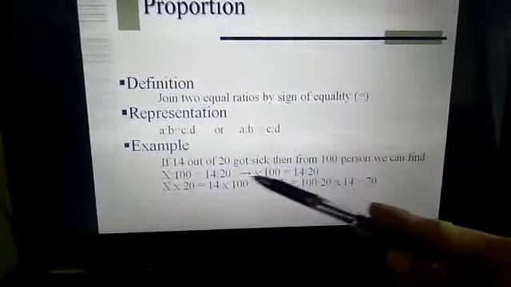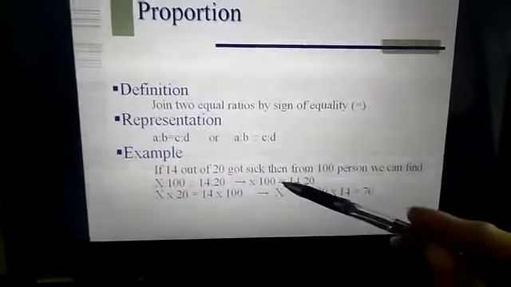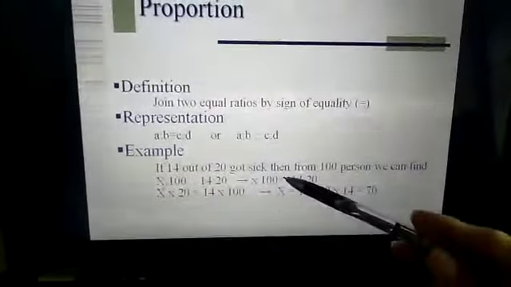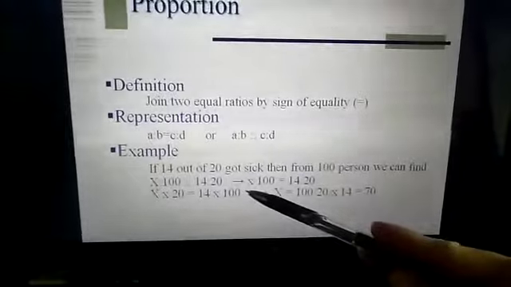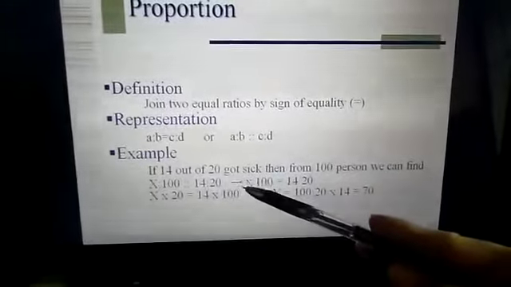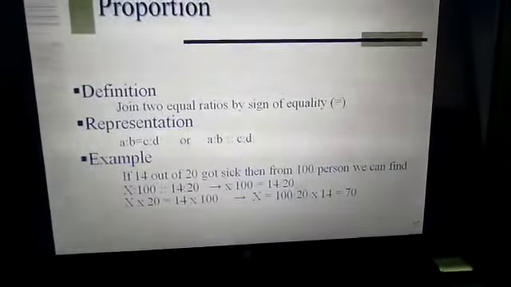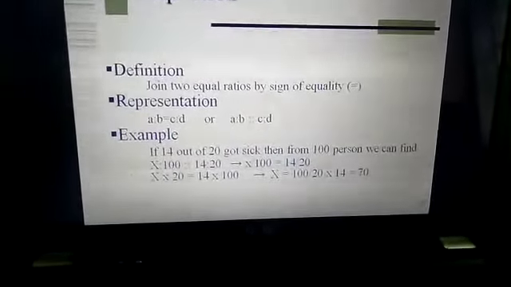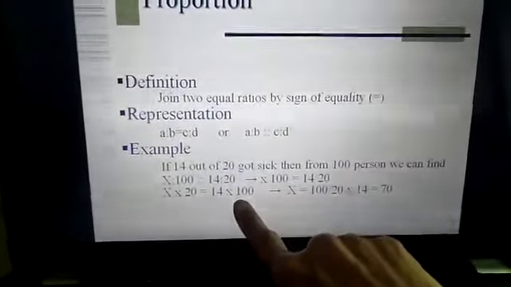Then we change the sign of proportionality into equality, and we do cross multiplication.